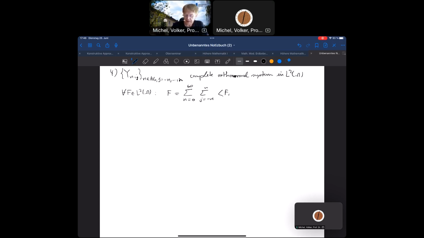I get the L2 inner product of f and Y_{n,j}, multiplied by Y_{n,j}. It's actually just the projection of f into every direction, where the direction is a function Y_{n,j}.